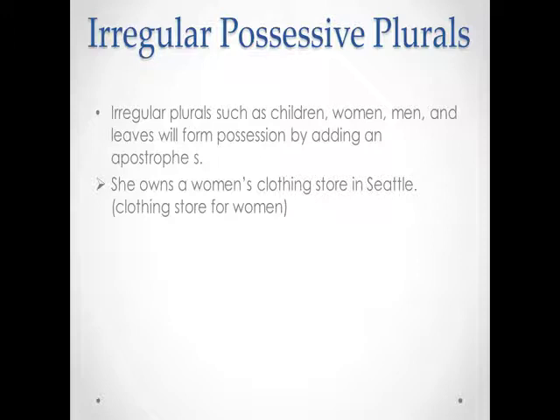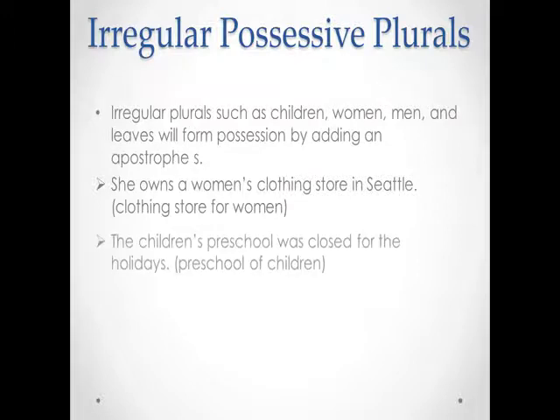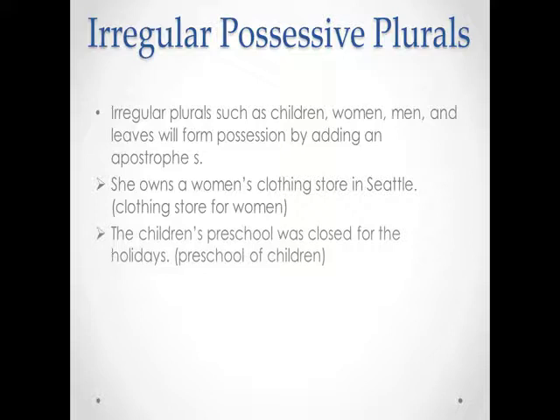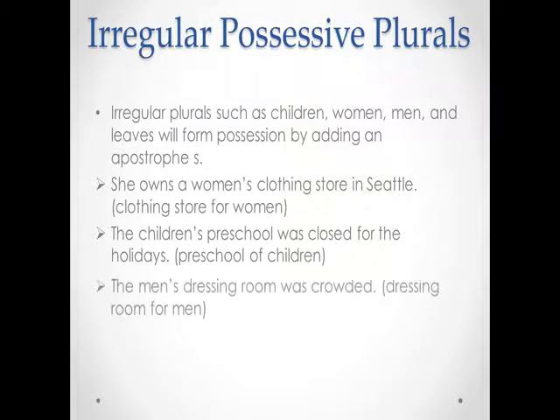So women is more than one woman, and we're just simply showing that possessive form by putting the apostrophe S there. The children's preschool, again, children is more than one child, so we just simply add the apostrophe S to make it possessive form.